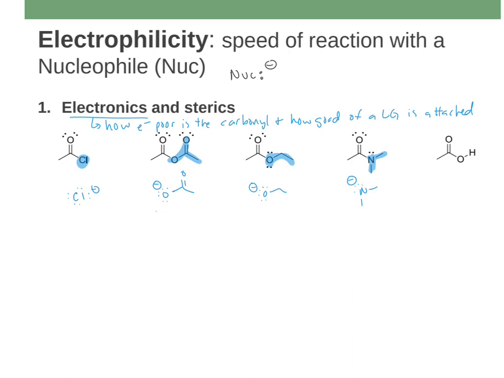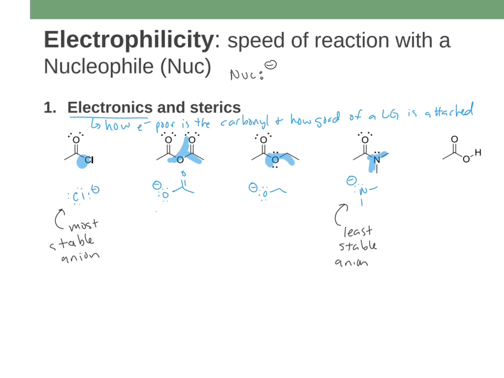And if you look at these, basically what I'm doing is I'm going from most stable anion to least stable anion. Or in other words, from best leaving group to worst leaving group.